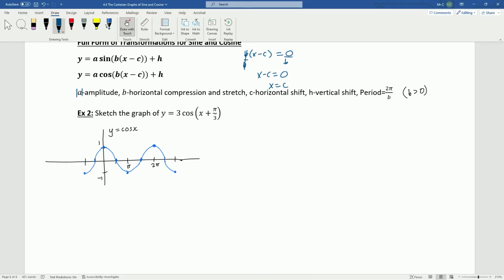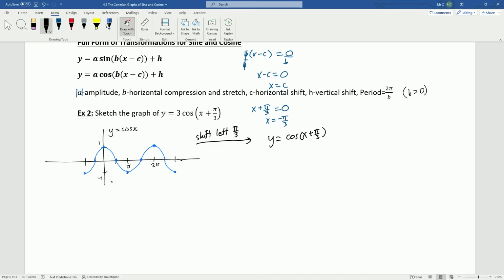Well, it's negative pi over 3, but again, it's always best to think of this, to avoid making misinterpretations, as setting your input equal to 0, solving it. So if I go to y equals cosine of x plus pi over 3, that's going to be a shift left by pi over 3.